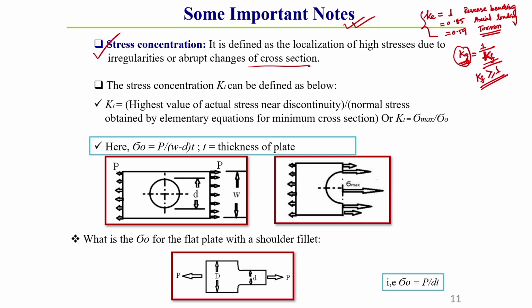That rising of stresses due to localization of high stress is called stress concentration. Understand what I am telling? Now, this stress concentration is accounted for by defining stress concentration factors. Two different types of stress concentration factor we will define here. The first is called the theoretical stress concentration factor, Kt.